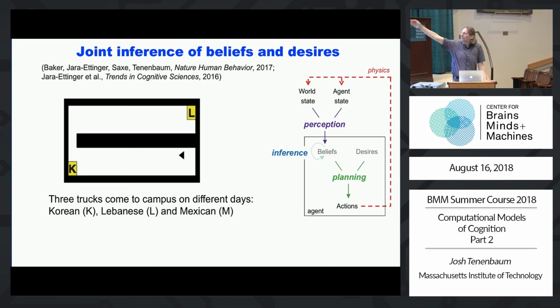There's a big building in the middle, and let's say that our friendly student comes out of their office here, and they can see. This is part of the experiment, and people know this: they can see what's in their line of sight. So in this case, the student can see that there's the Korean truck there, but they don't know what's on the other side of the building, although they know where the parking spots are.